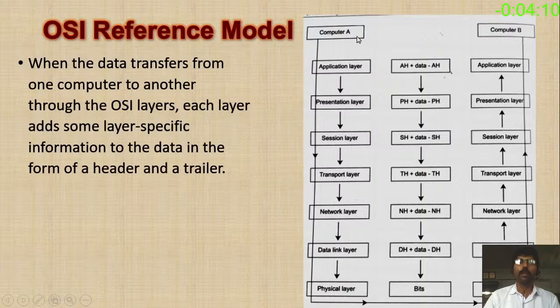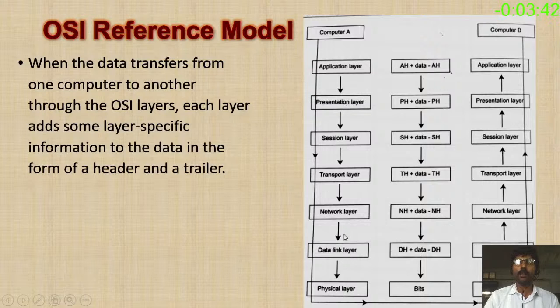For example, when you want to send some data from computer A to computer B, 7 different layers are used. Whenever you are sending a message, each layer adds its own header and trailer to the data and sends it to the next layer.